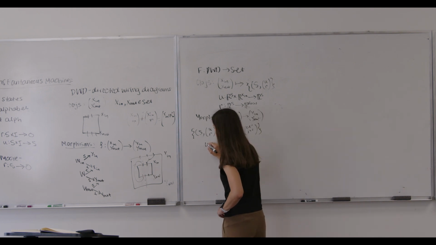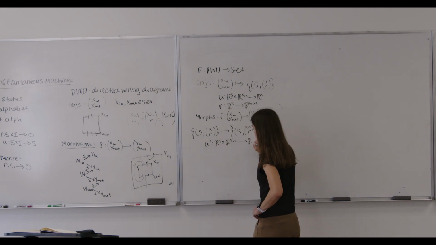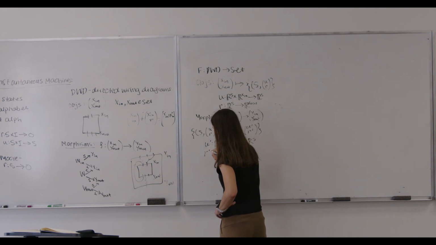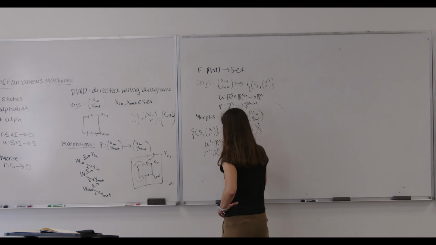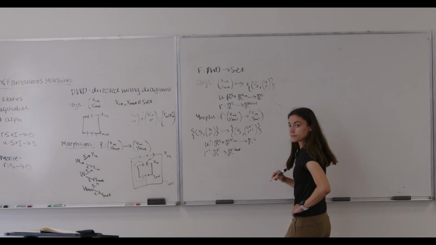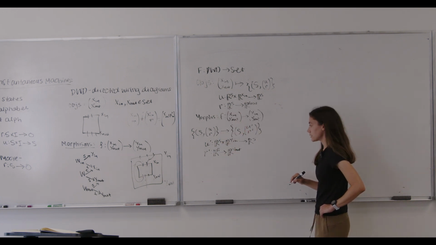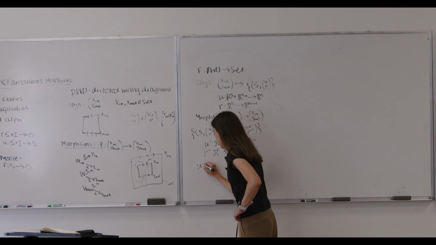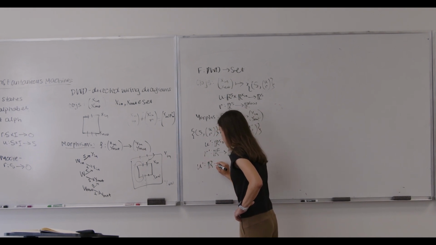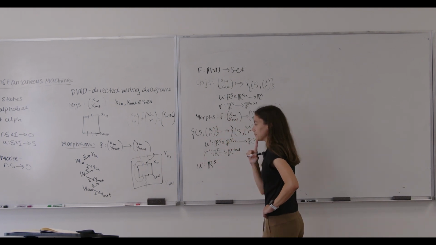And so now U prime has type RS cross RY in to RS, and the readout prime has RS to RY out. And so these are defined. U prime will go from RS, oh, okay.